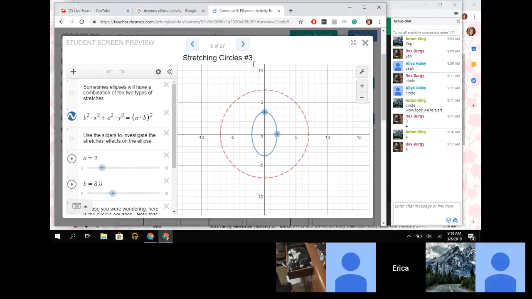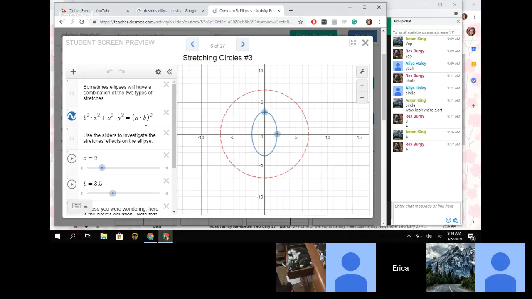If you want to stretch your ellipse with a combination of 2 kinds of stretches, then your equation looks like this. So you're going to have to think in your brain a little bit. It's x squared plus y squared equals radius squared. That's your equation of your circle. But if you want to stretch your equation in the x and the y, you want to stretch it both ways, right?